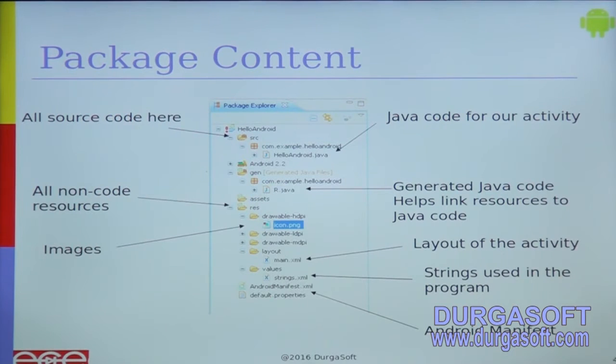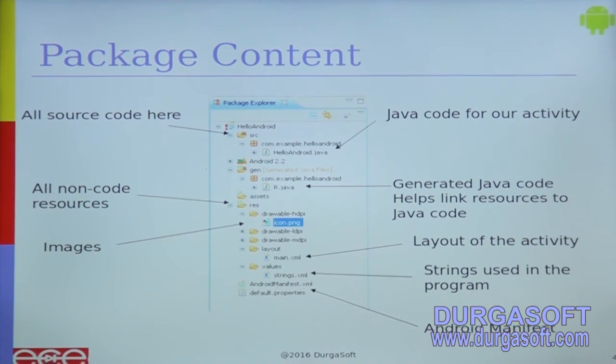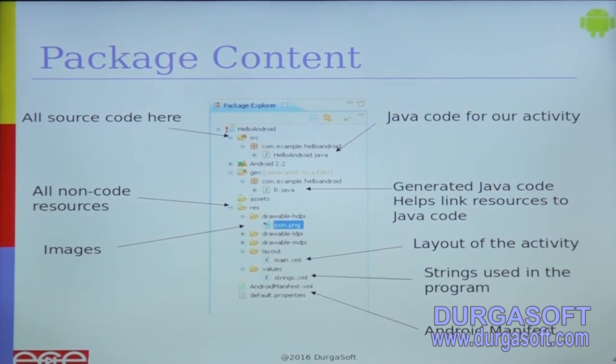We generally give a package name following any standard naming convention, and we create a Java file with any name you want. If you see the package contents, you find gen, where it creates the same package name with R.java, and let's discuss that later.